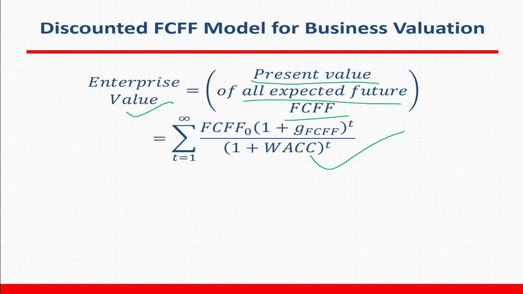How you use the free cash flow to firm model to value the business depends on your assumption about the future growth of the cash flows. Generally, people make two kinds of assumptions.